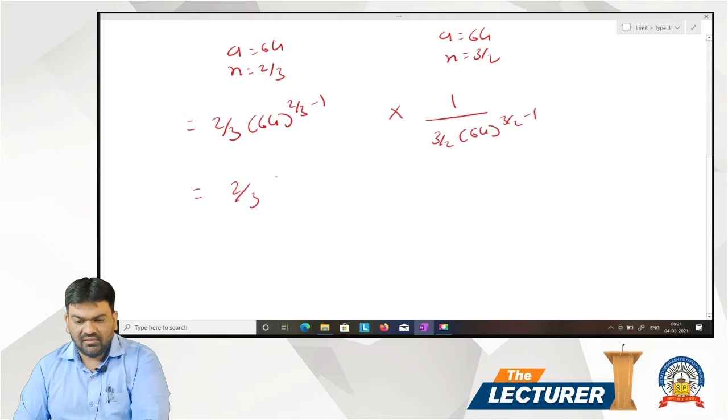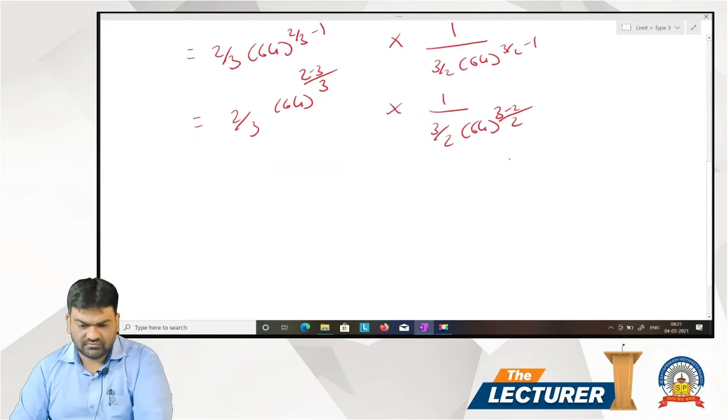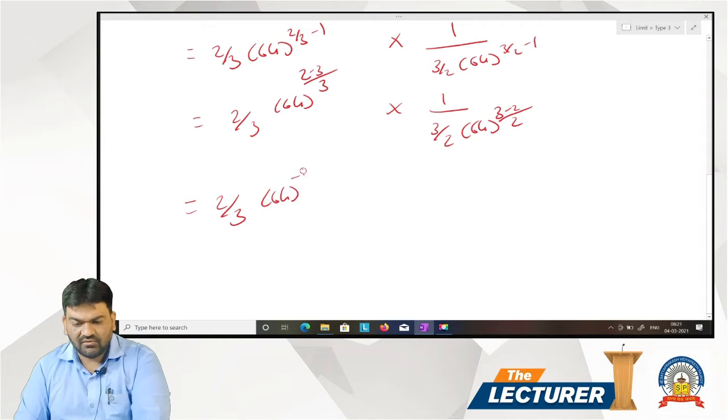So 2 by 3, 64 raised to minus 1 by 3, multiplied by 1 upon 3 by 2, 64 raised to 1 by 2.